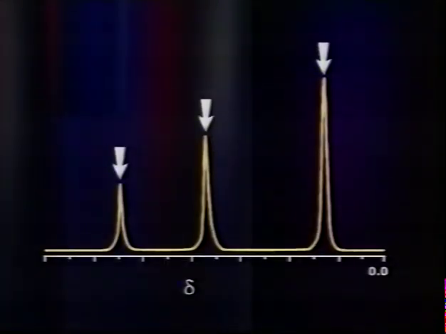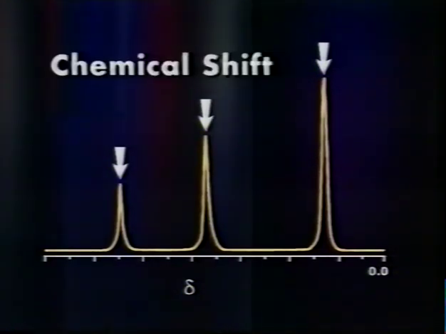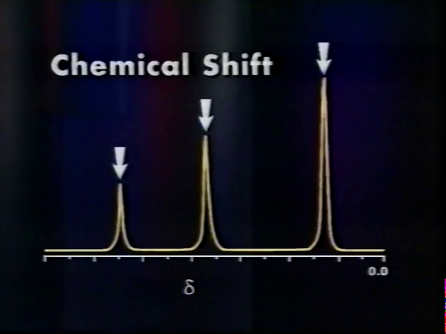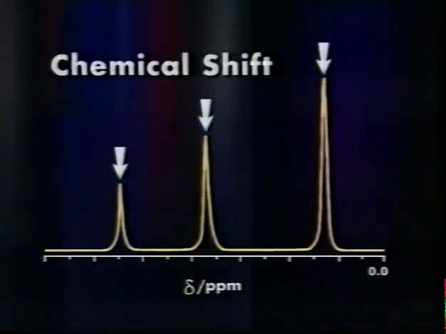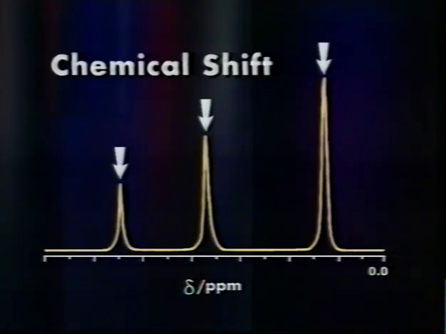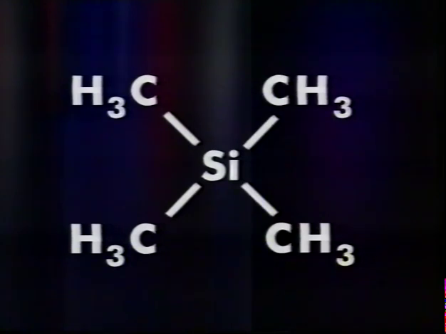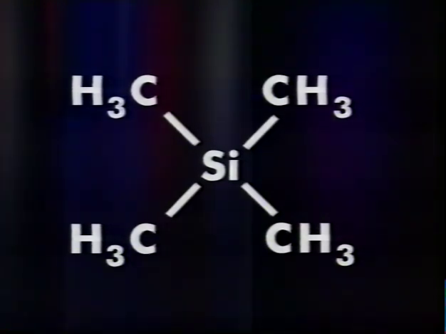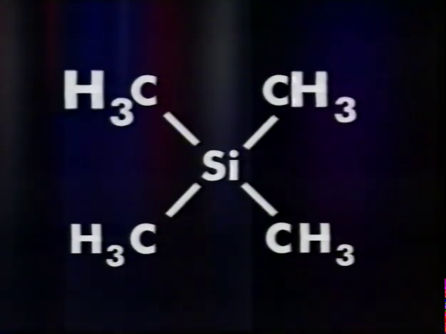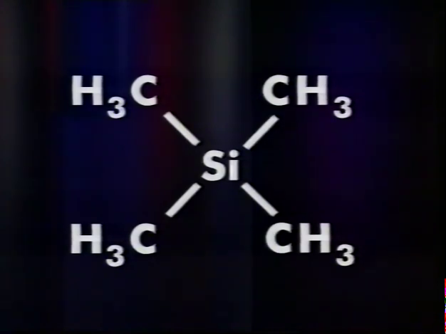The position of a peak along this axis is referred to as chemical shift and is measured in parts per million, or ppm. The common standard chosen for the reference frequency in proton NMR is tetramethylsilane, or TMS. TMS is chosen because it has 12 protons, all of which are chemically equivalent and all resonate at the same frequency.